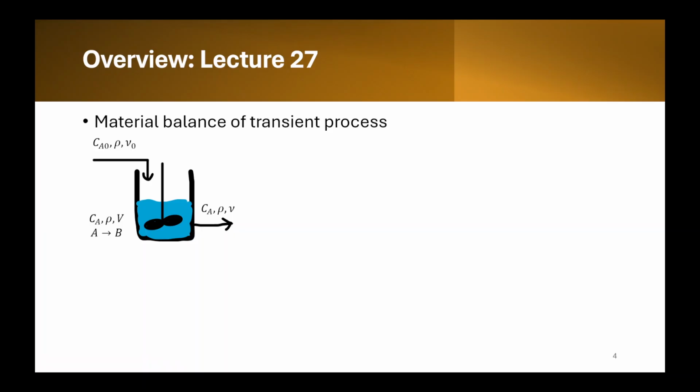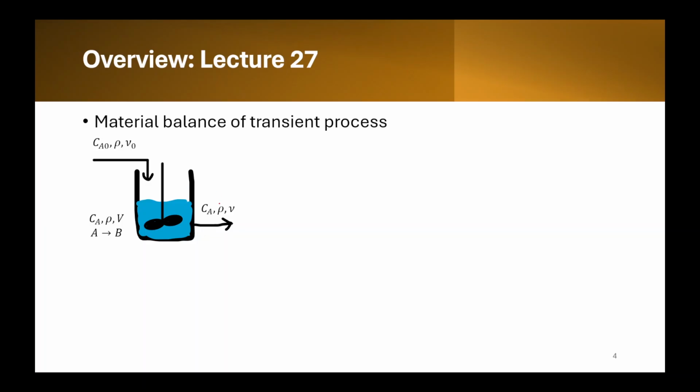I just want to explain how to write a material balance for a transient process using an example. Suppose this is a system, and the inlet flow rate is given by nu naught, the density of the fluid flowing in is rho, and the concentration of A reactant is Ca naught, purely Ca naught here.